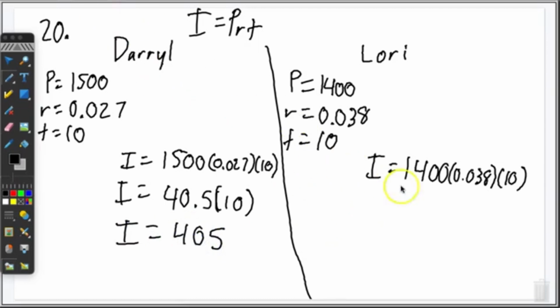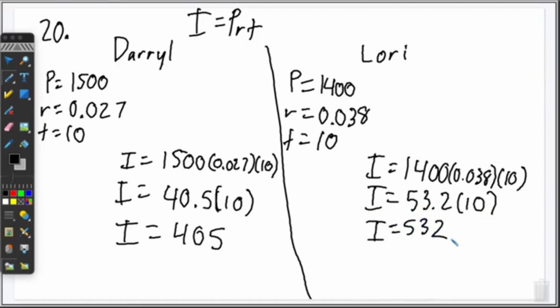Now let's work on this side. I equals 1,400 times 0.038. We get 53.2 times 10. And then we get I equals 532. So it's asking who will have made more money after 10 years and how much more?